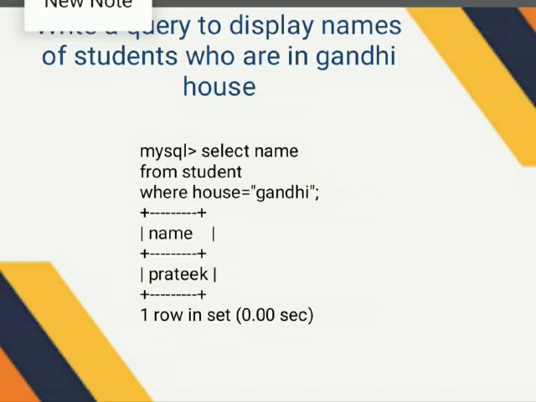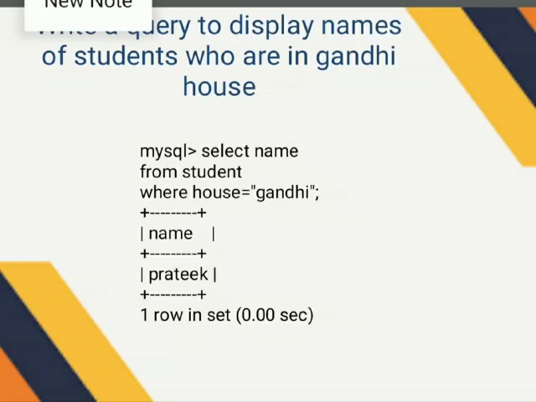What is the condition? The student should be in Gandhi house. To give the condition, we have to use which clause? Where clause. Where house is equal to Gandhi. Again go back and have a look at the table. Who is in Gandhi house? Prateek is in Gandhi house. So only the name of Prateek will be displayed.